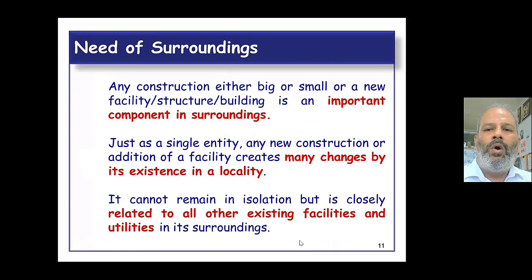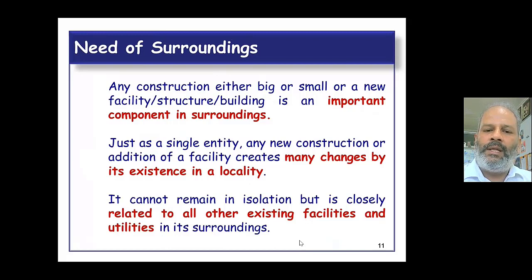A building or structure, either small or big, becomes an important component in a particular society, in a particular location. Its existence either affects surrounding, or it itself gets affected by surroundings. So we cannot neglect surroundings.